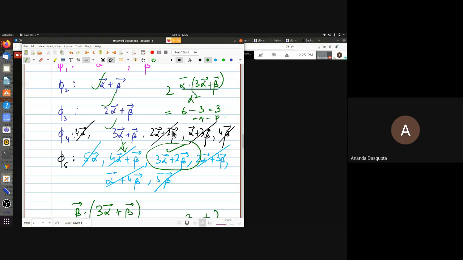But now you have to use the fact that 3 alpha plus beta has a Q value of 3, because I can shift it down 3 times along minus alpha and still get a root, right? So Q is 3, so P is 0. Of course, you don't need this information, but sometimes in a more complicated situation, this kind of information would help.